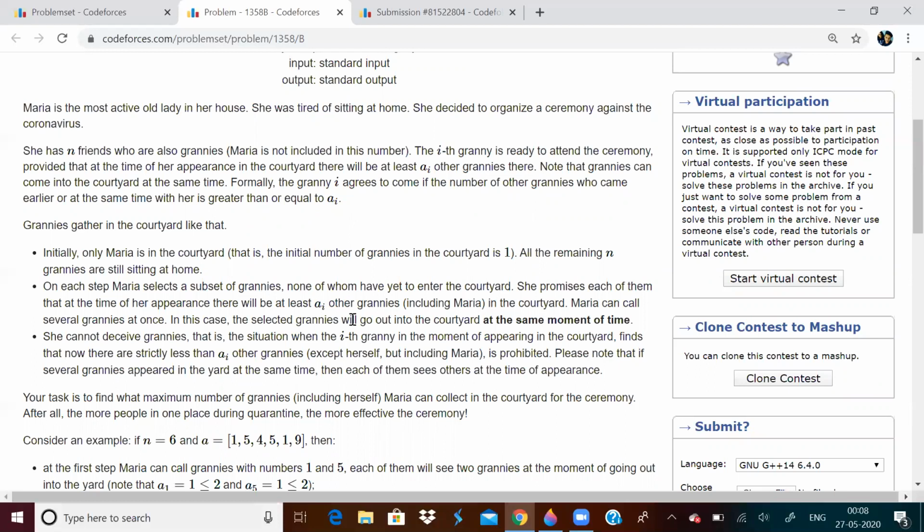Every ith granny has some value, and Maria can only call a granny if the number of people in the event is greater than or equal to AI.